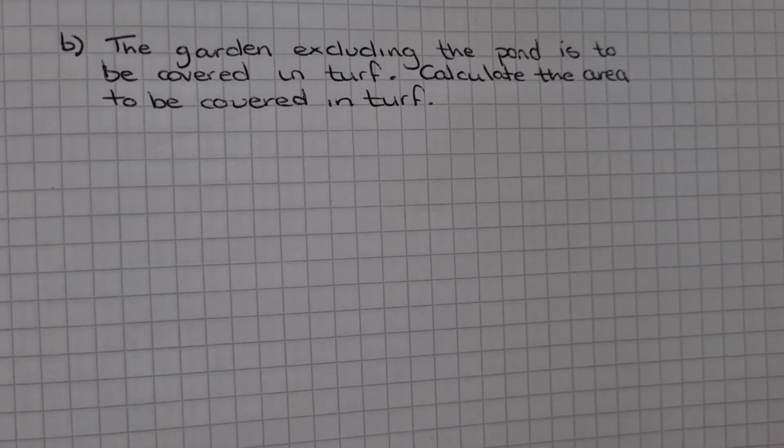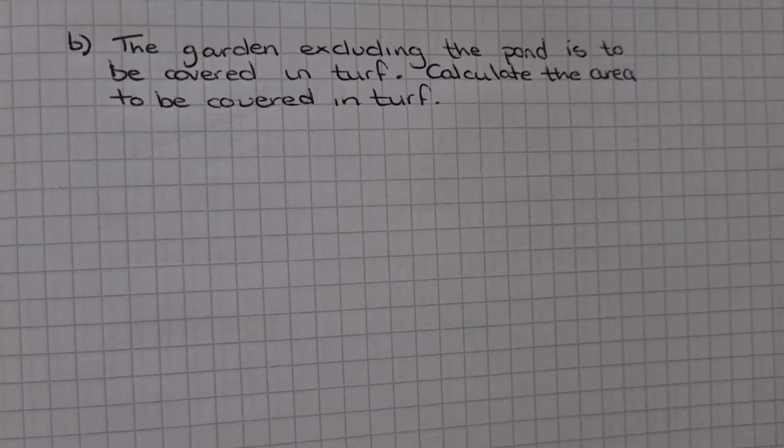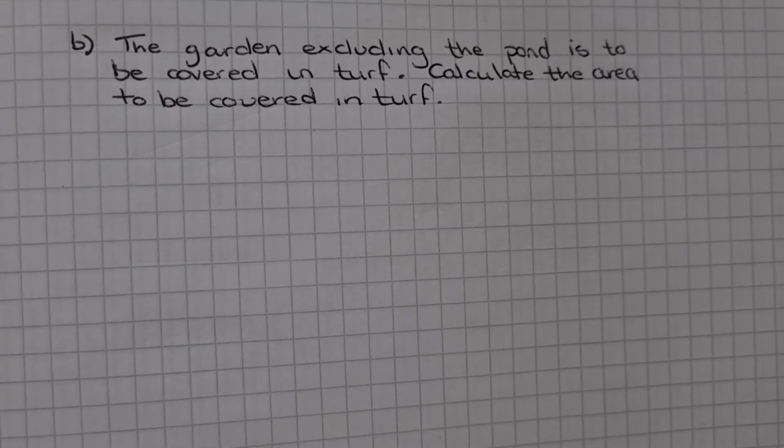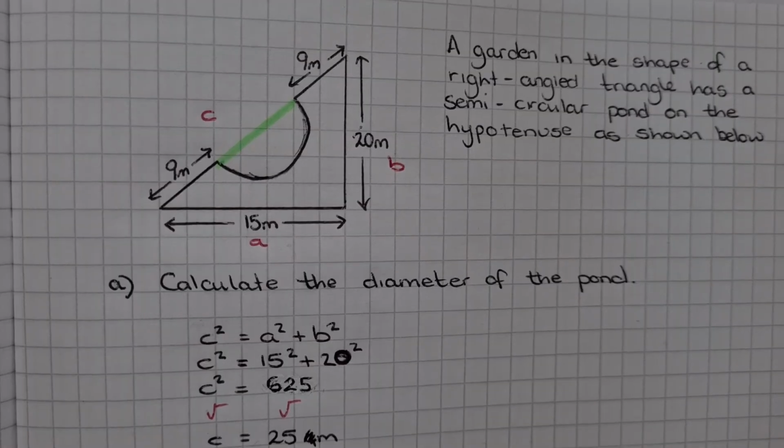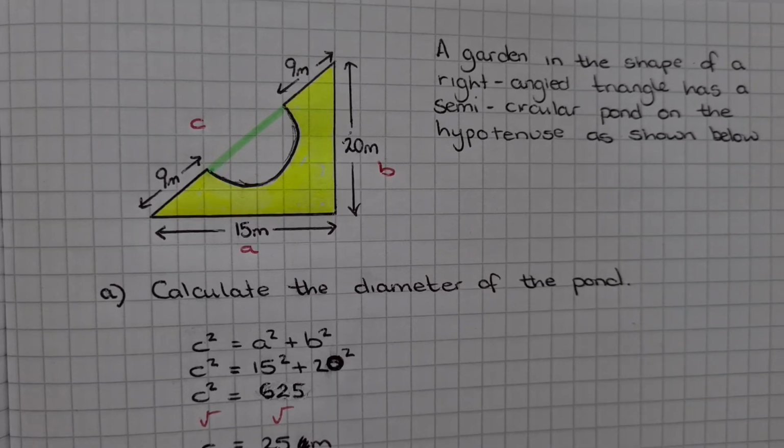The next part of the question says the garden, excluding the pond, is to be covered in turf. Calculate the area to be covered in turf. So if we look at the diagram, everything apart from the pond is to get covered in turf. So that means we need to calculate the area of that yellow section that's coloured in there.